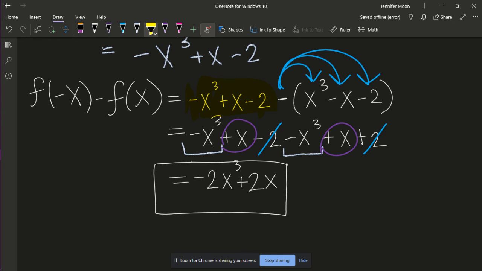And then, very important, make sure right here that you do our minus sign or negative sign, and that you put the function in parentheses, because as you notice with those blue marks, I had to distribute. That's why it's very important to do those parentheses. And then once I distributed, I was able to combine like terms. The final answer that I got was this answer right here.